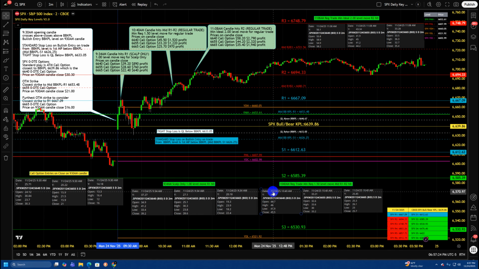So here are the data boxes for those. These are the bid prices. The 66.40 call option, 45.50, that's $1,520 profit per option. The 66.55 call option was $33.20, and the 66.65 call option was $25.70.